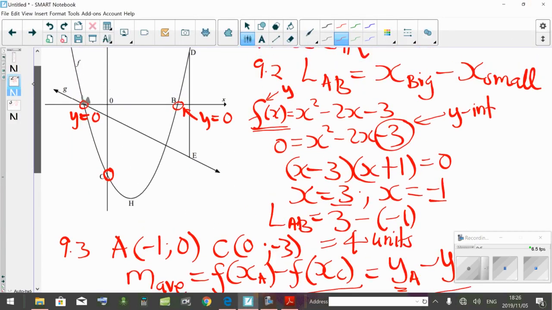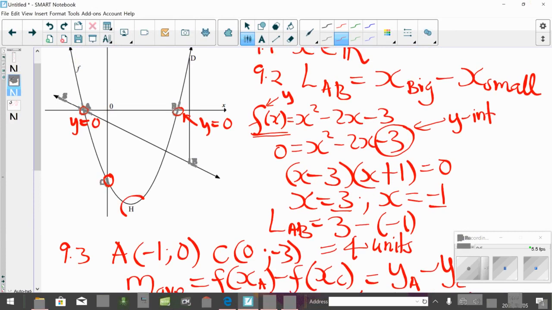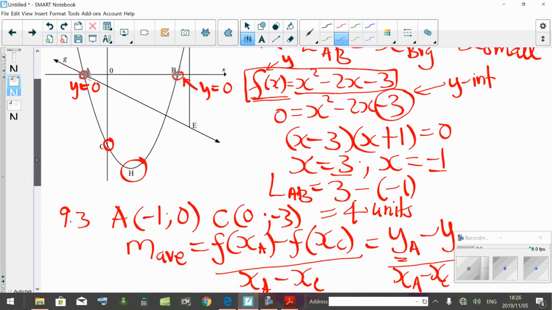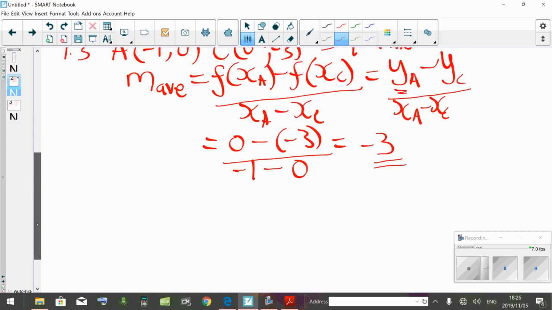Now for our turning point, we are going to take advantage of the format of our equation, because we can apply a formula to get our turning point.